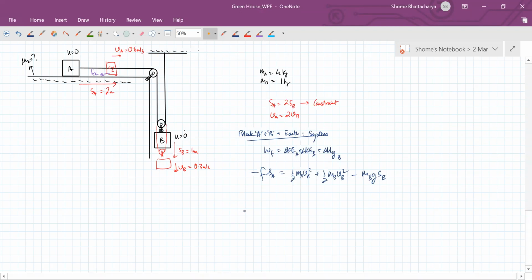So let's substitute the values here. So minus mu mg, that is the magnitude of friction on A. This will be the work done by friction.